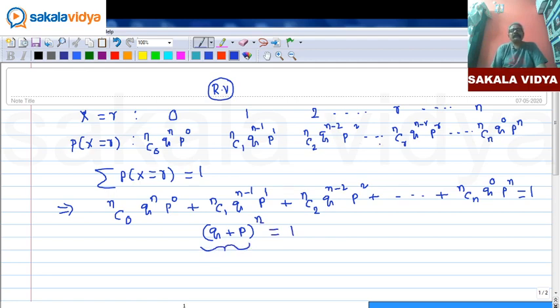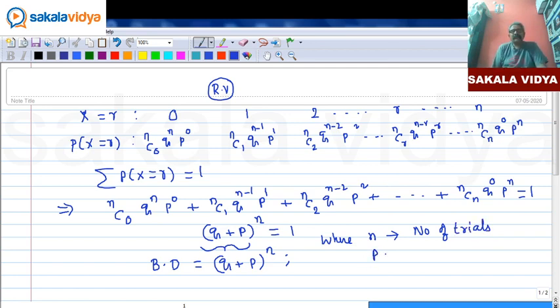So hereafter, the binomial distribution BD is given by q plus p whole to the power of n. Once again I will say, where n is the number of trials or Bernoulli trials, because it was invented by the great mathematician Bernoulli.